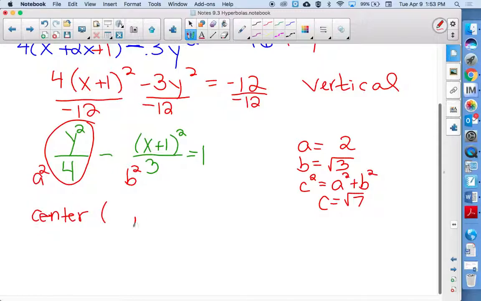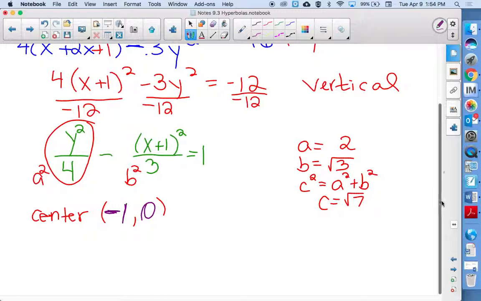Eris, what's the center? Not positive. Right. Opposite. So opposite would be negative 1, because it is a positive 1. And the y value is 0.